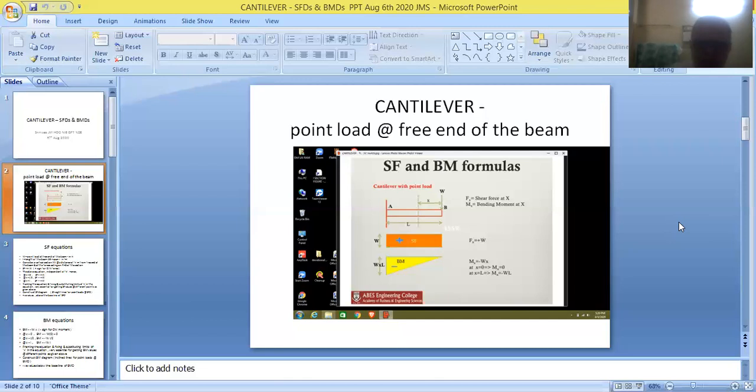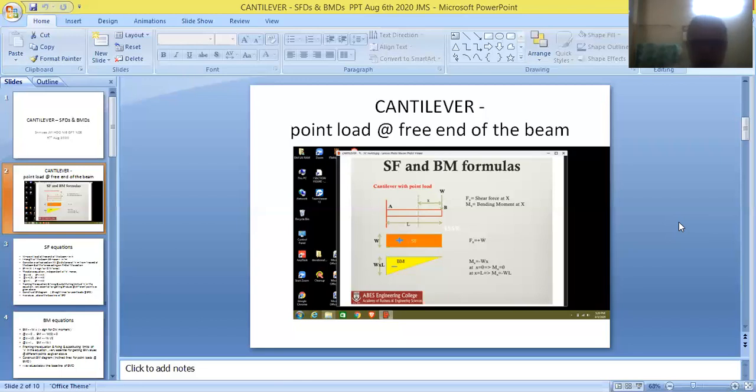So considering a section XX at a distance of x meter from the free end of the beam is very essential for preparing shear force and bending moment diagrams. Now, after taking this section, we have to consider all the loads acting on the right side of the section.